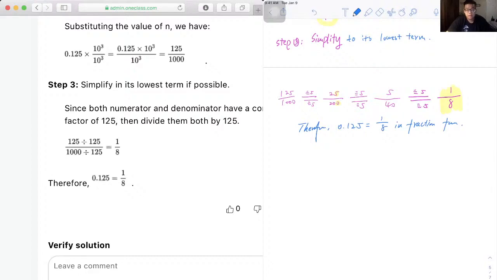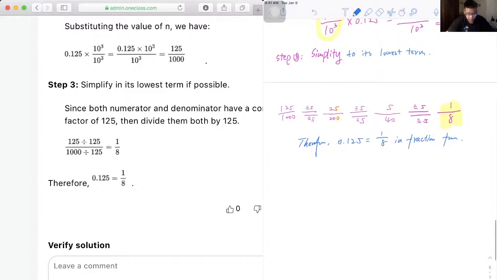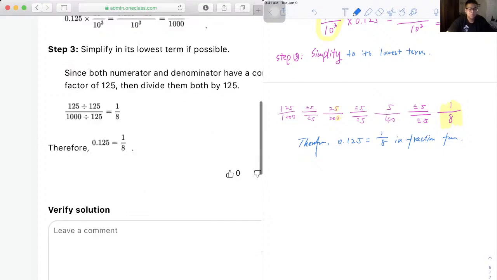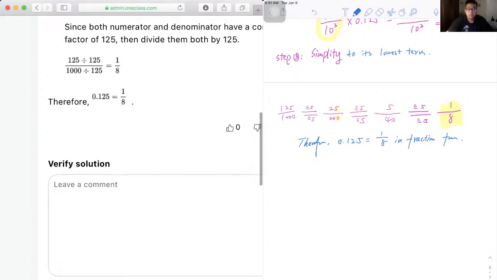I mean, either way works. If you want to do it in one step, you can just do it in one step, or if you want to do it my way, you can also do it separately. Either way will give you a correct answer. So yeah, I think that's all we got for this question.